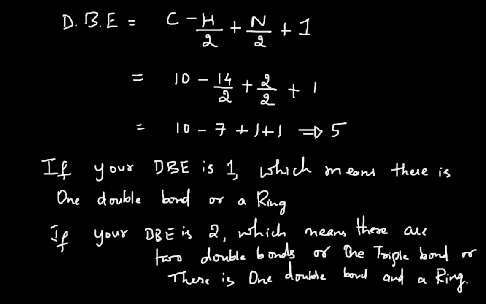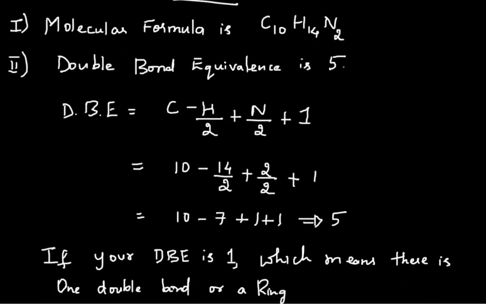Okay, before that, one sigh of relief is this compound has no oxygen, which means we need not account for oxygen. So third, no oxygen is present. Okay, less work for us. Fourth, what is the nature of nitrogen?